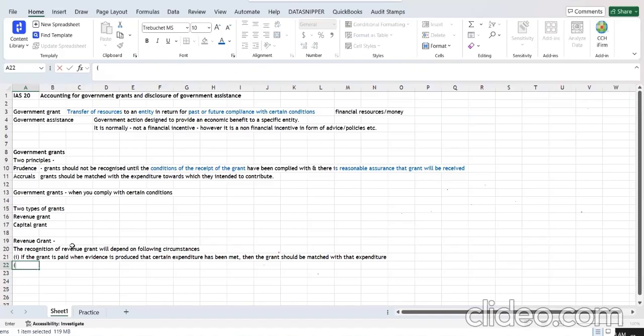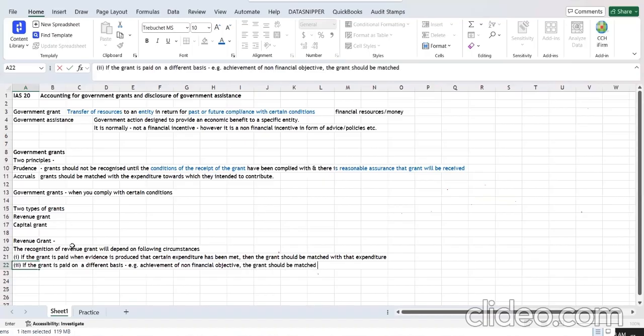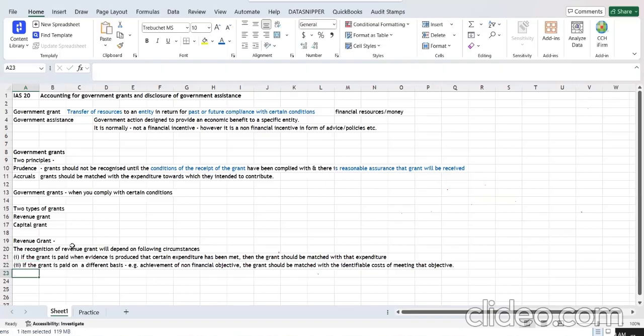Okay. And second, if the grant is paid on a different basis, for example, achievement of a non-financial objective, the grant should be matched with the identifiable cost of meeting that objective. Okay, so revenue grant.